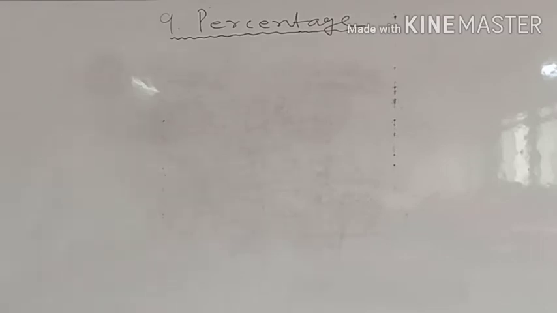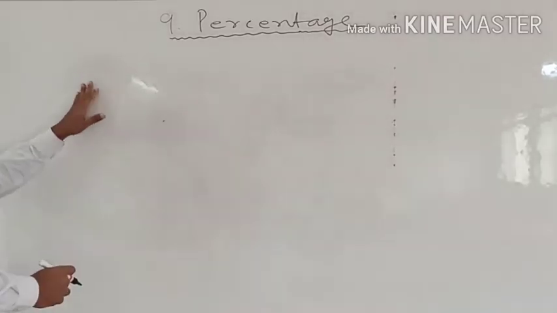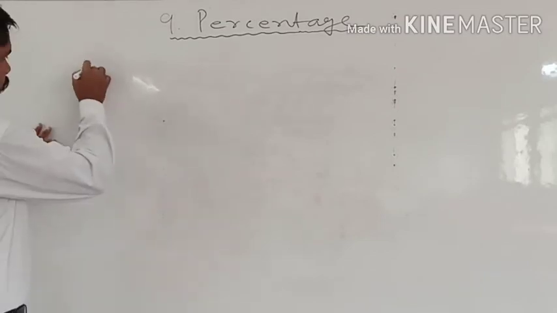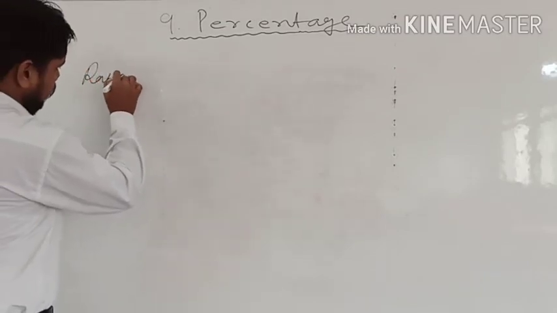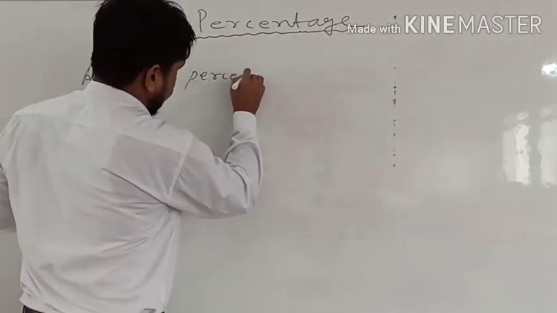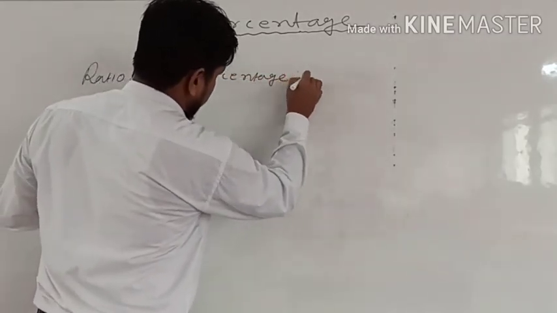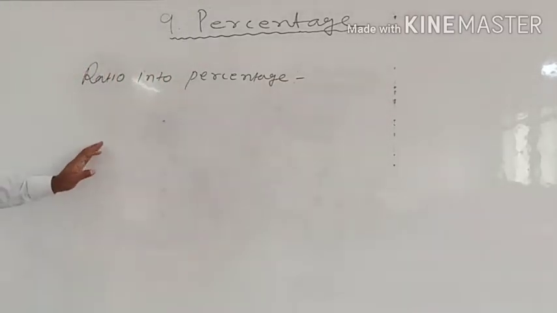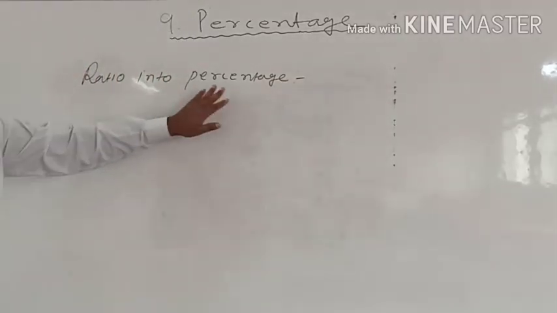Now two more things are there, which is converting ratio into percentage. So how can we convert if any number is given in ratio into the percentage?